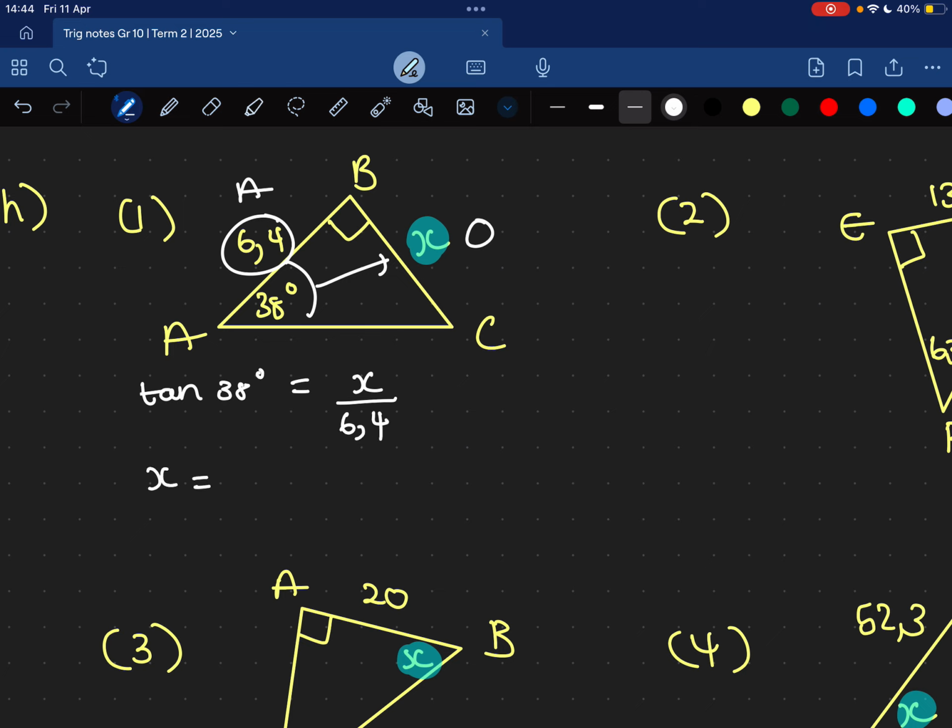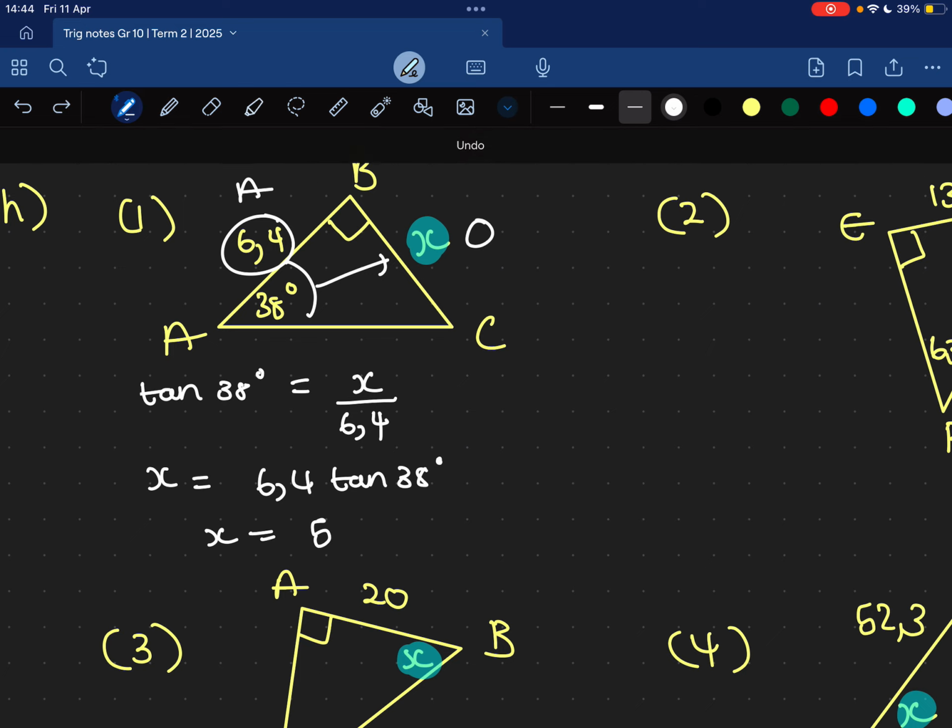So x is equal to 6.4 times tan of 38. Which should give you 5. No units, sorry, because it's a length.